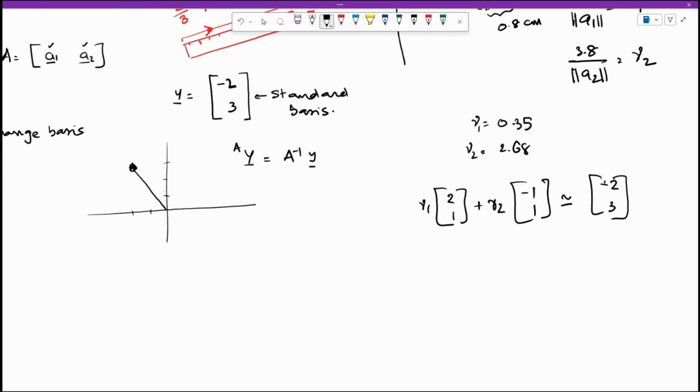This should be approximately equal because our measurements are not super accurate. You could do this, or you could simply solve A times y_A equals y. You'll get some solution for y_A, and this should be approximately equal to 0.35 and 2.68.